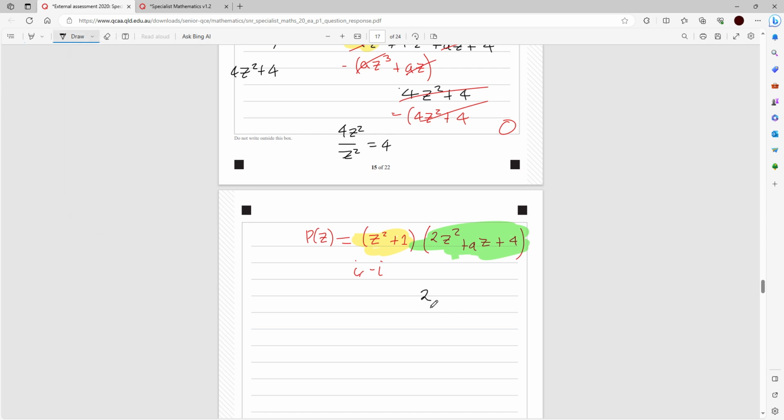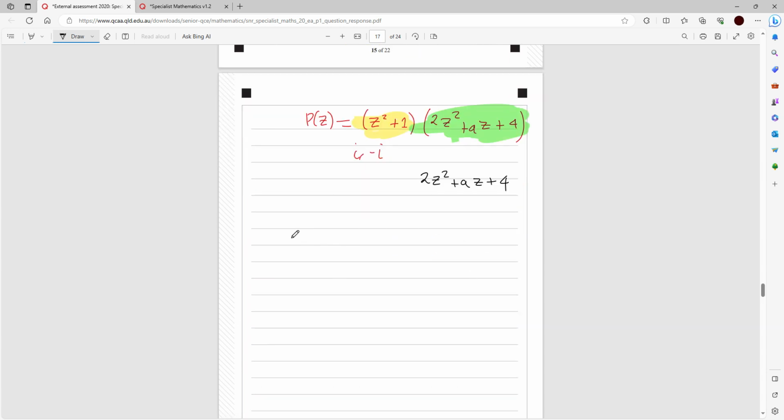So we'll have 2z squared plus az plus 4. Now recall a quadratic, if it takes on the quadratic formula, negative b plus or minus square root of b squared minus 4ac all on 2a, works if you have a quadratic set up like this, where this is the coefficient there and there.